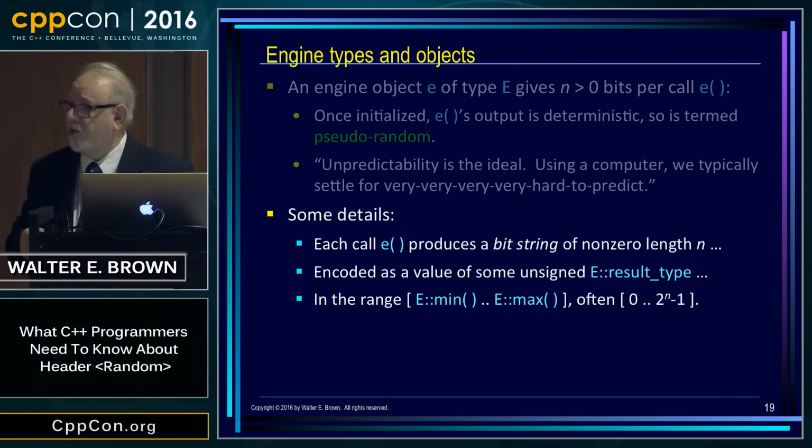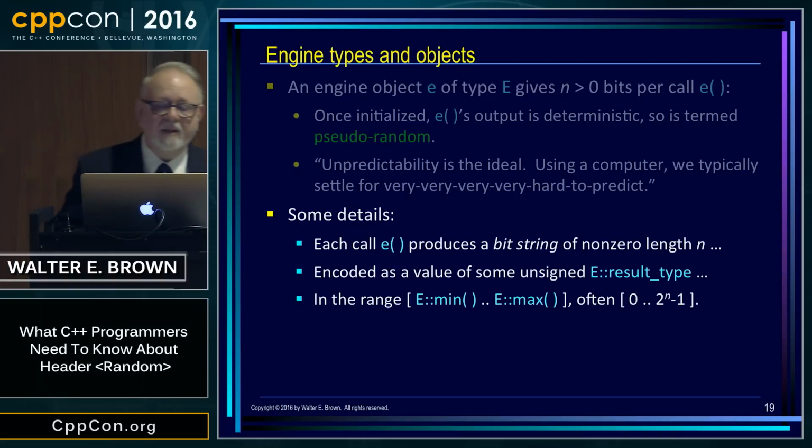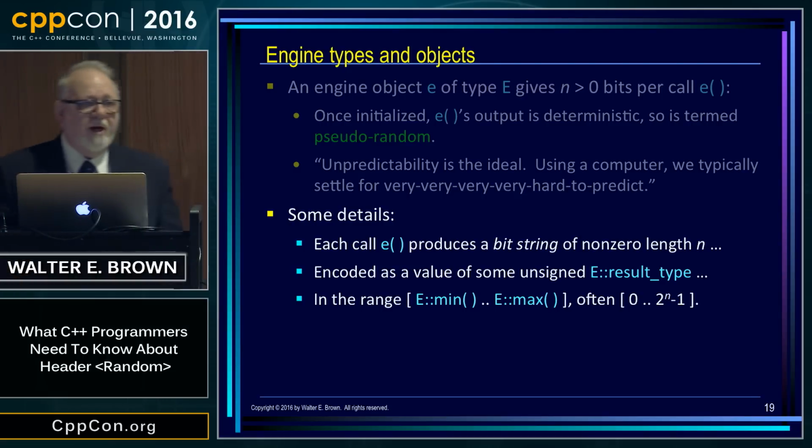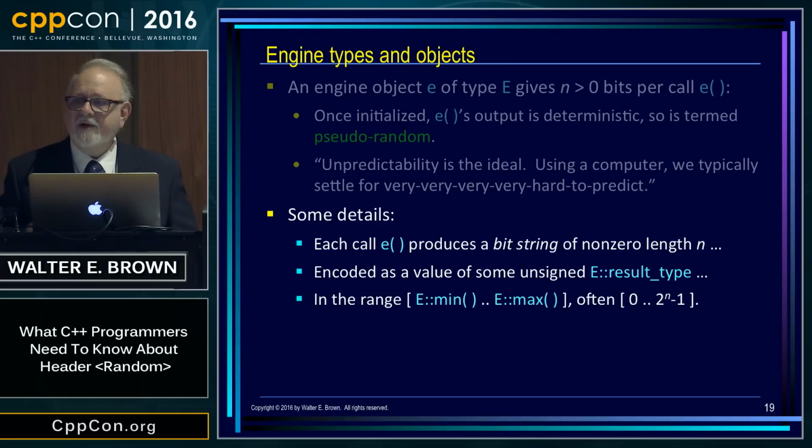The performance was horrible, as you can well imagine. So we said, okay, let's allow engines to give you up to 32 bits at a time. Or, back then, that was the obvious result. But we don't require anything other than there be some min and some max value, both unsigned, of course. And you can ask what those are. Min is almost always 0, but it's not required to be.